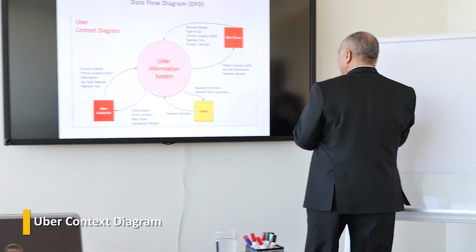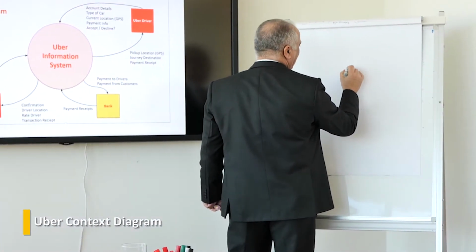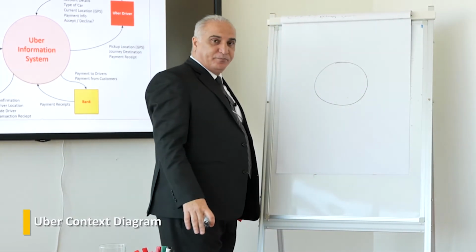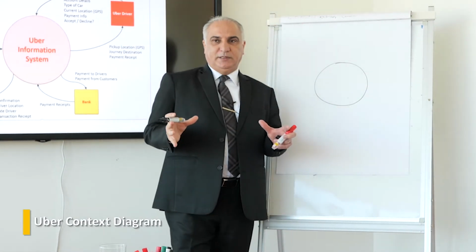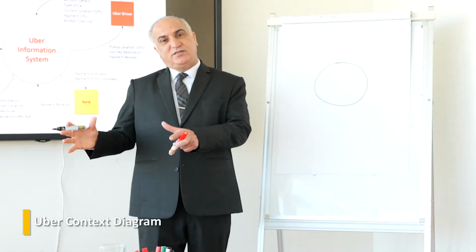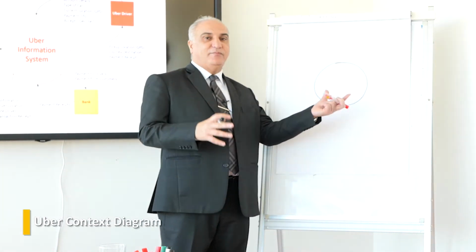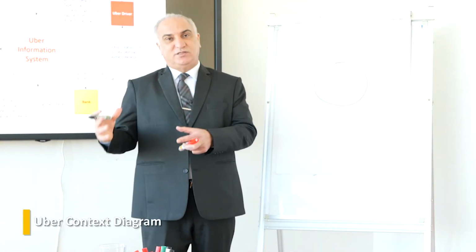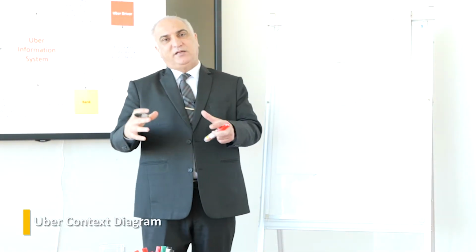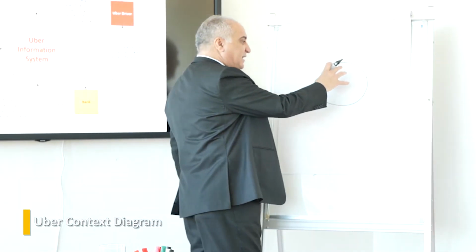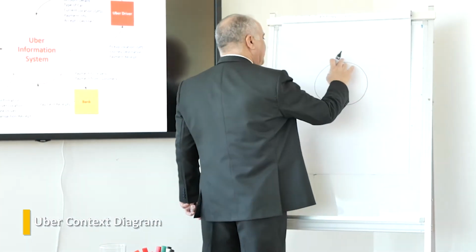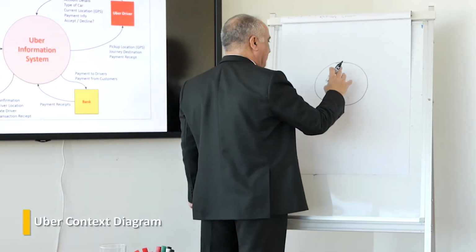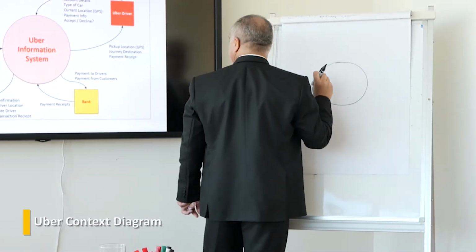Let's go again and try to understand it. We have here an information system, like we have a university information system, a library information system, a patient information system, a bank information system. So this is the whole system, and the highest-level context diagram starts with the name of the system.